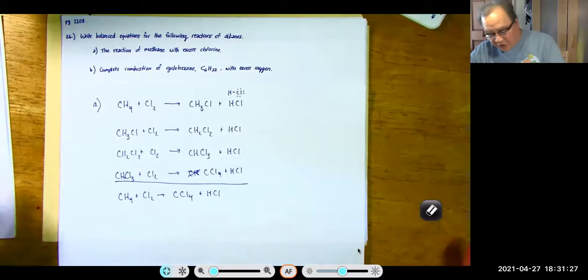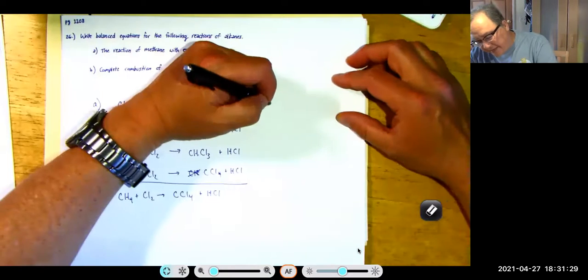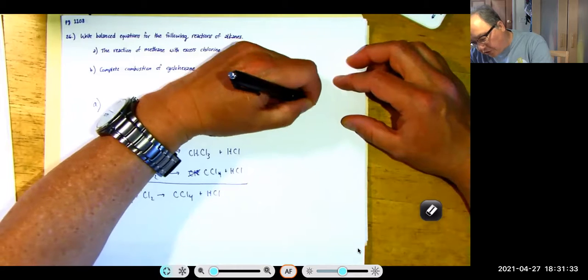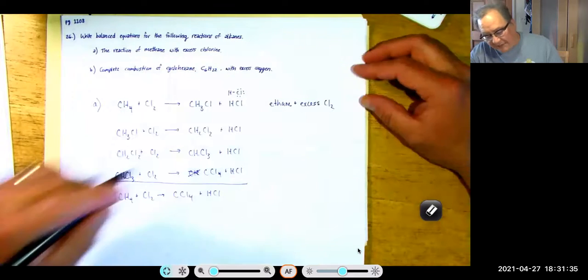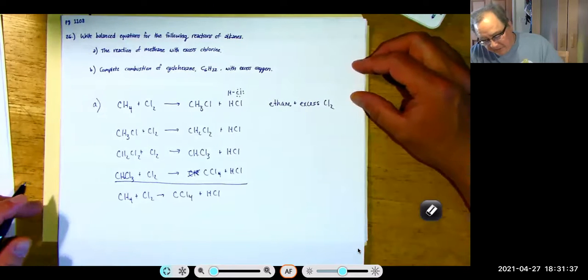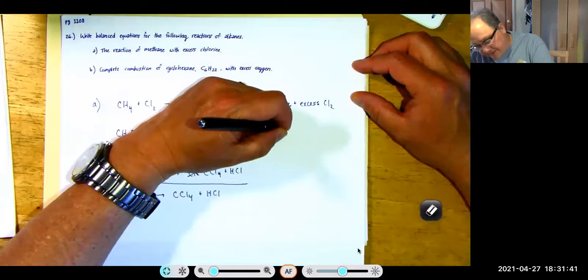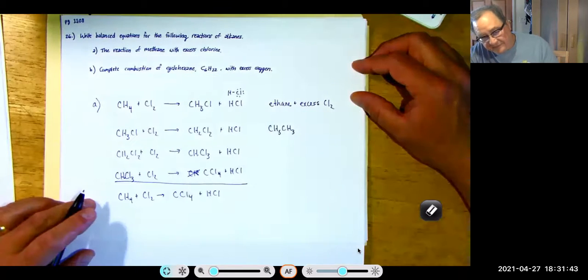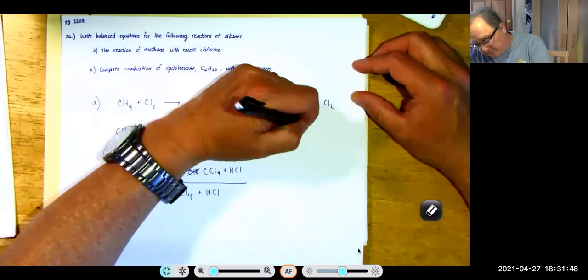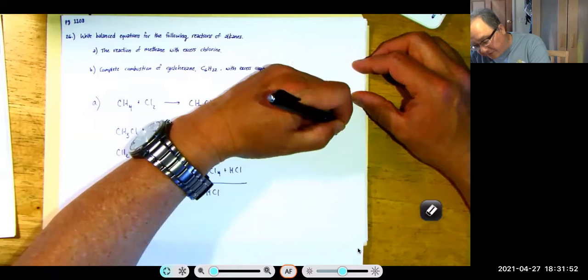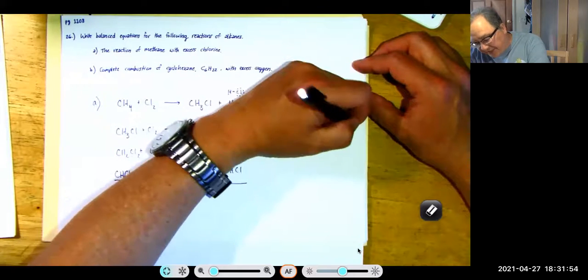So what if I asked you about ethane plus excess chlorine? What would you get? Here's ethane. And the answer is you get CCl3, CCl3 plus HCl.